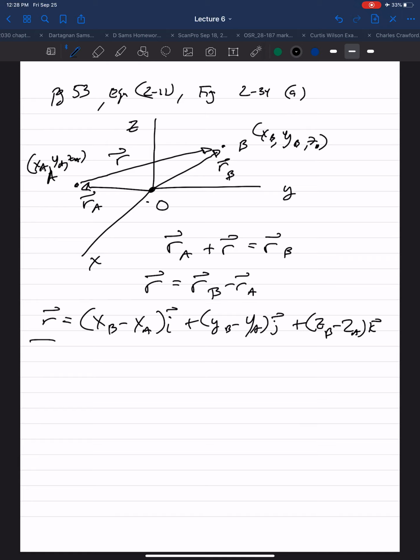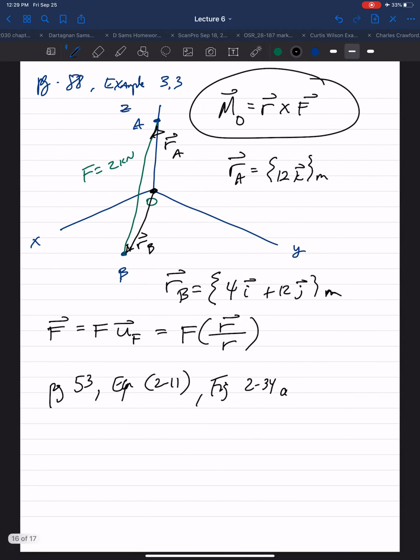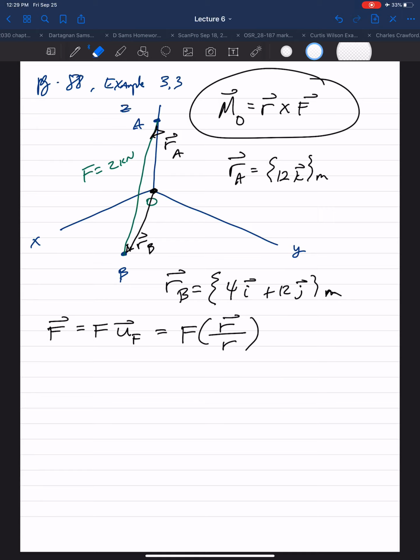So going back to our example problem 3.3 on page 88, we left off with, I can erase this now. We calculated our position vector R_A from O to point A, and we did likewise with R_B. Well, then F from the image is on the line of action from point A to point B, and the position vector R can be drawn from point A to point B as well.